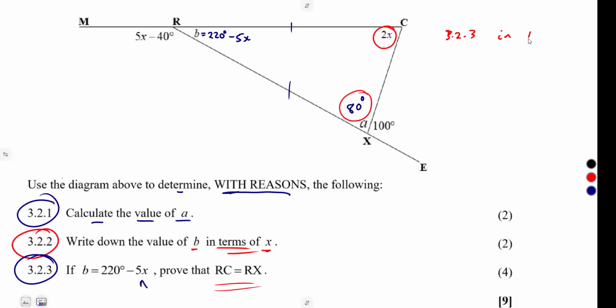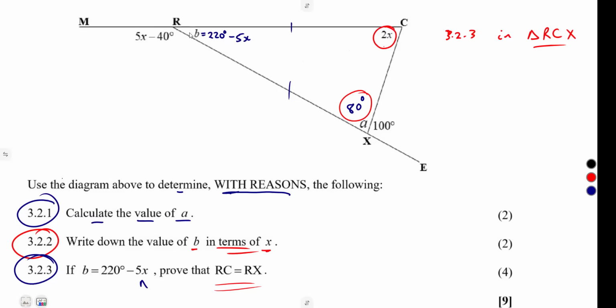In triangle RCX, we have angle X already calculated, which is 80 degrees. Angle C is equal to 2x.